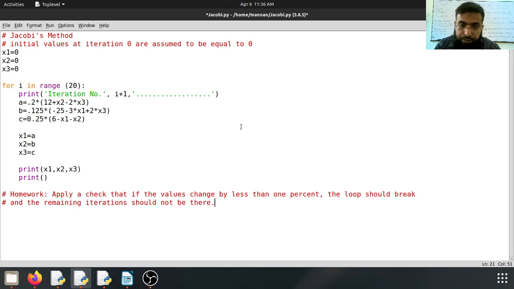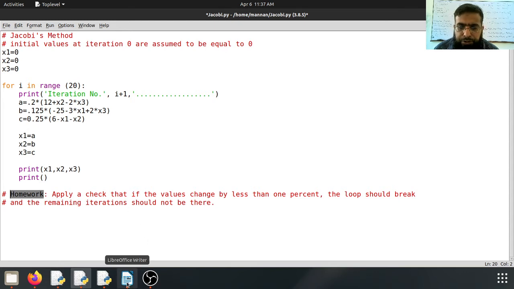So we can avoid these further iterations if we check that if this change is less than 1%, we should break the loop. I'm leaving this task as a homework for you.